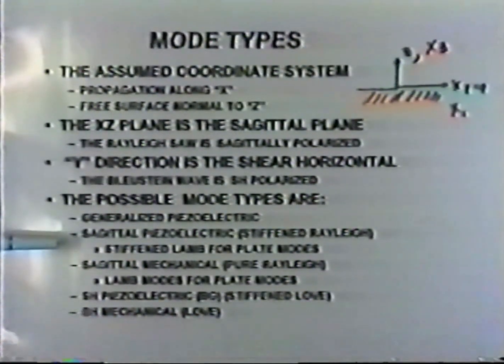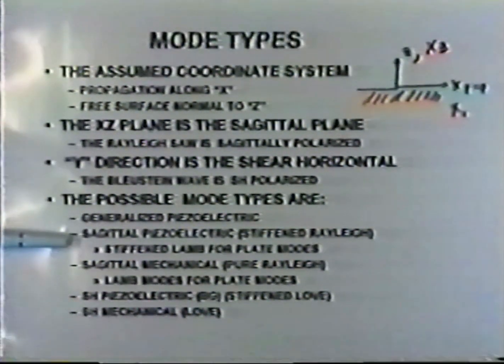For example, the next type of wave which is of importance is where the particle displacements are polarized in the sagittal plane, but the electric fields are coupled to these particle displacements. This is a stiffened Rayleigh or a stiffened sagittal solution. The word stiffened is used to indicate that it's piezoelectrically coupled. It's nothing special about that.